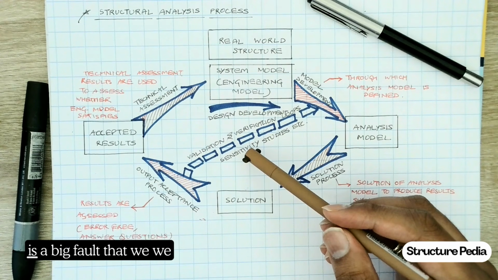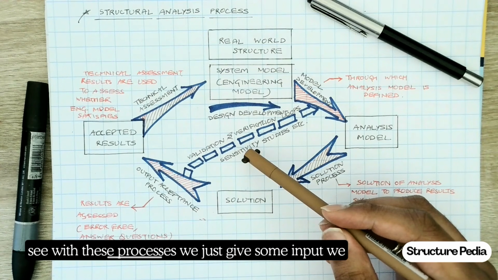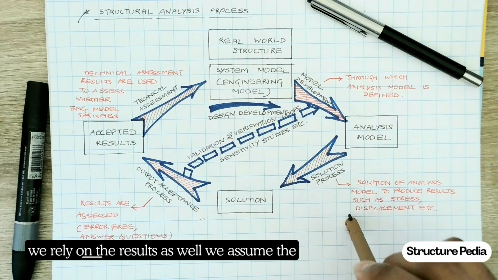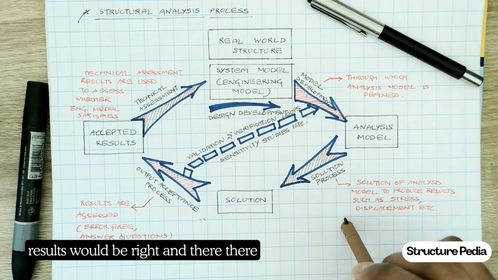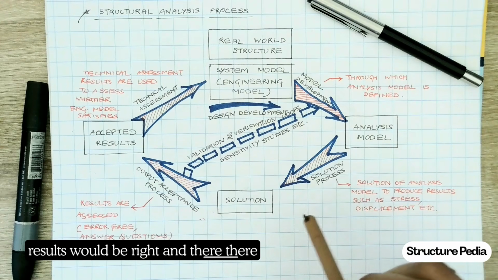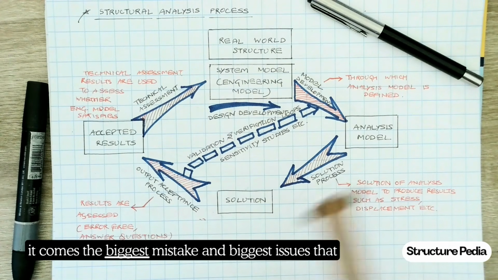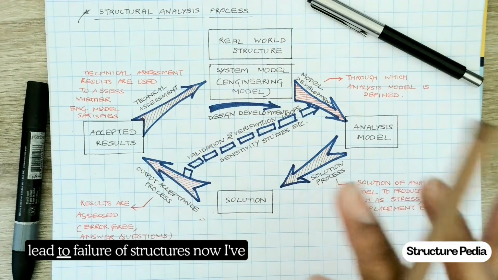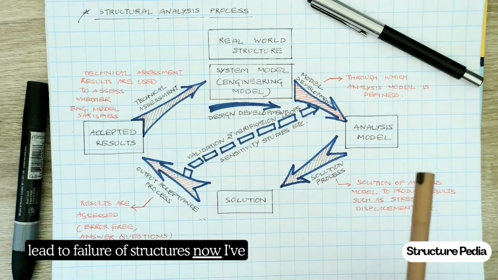Now, there is a big fault that we see with this process: we just give some inputs, we rely on the software and we get the results, and we rely on the results as well. We assume the results would be right, and there comes the biggest mistake and biggest issue that leads to failure of the structures.